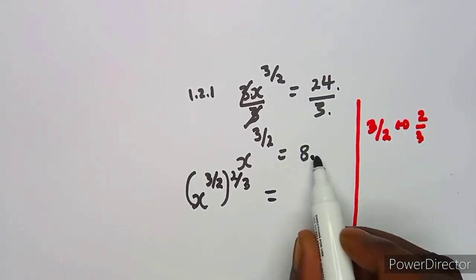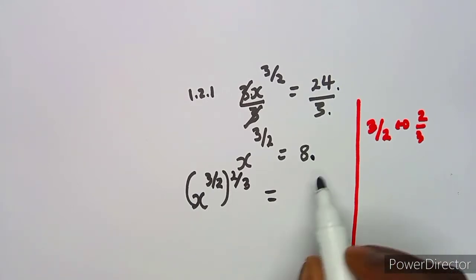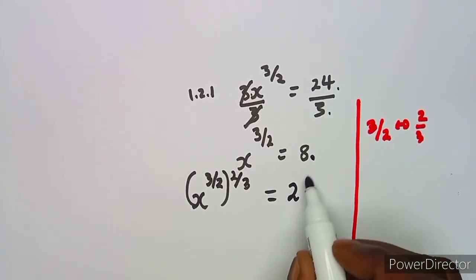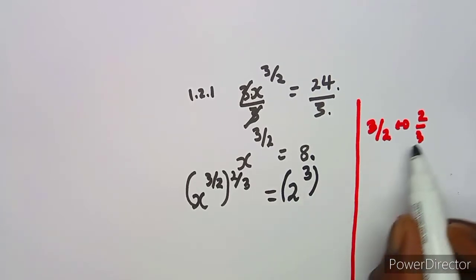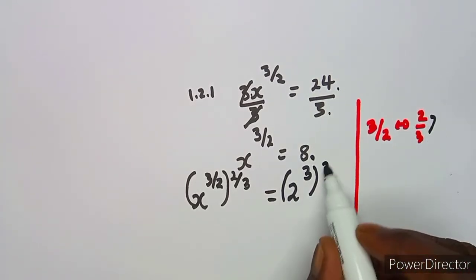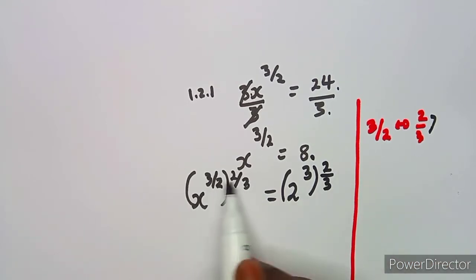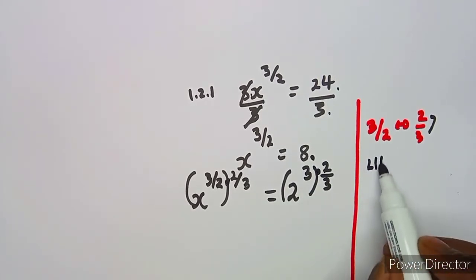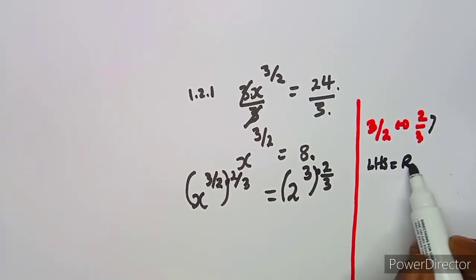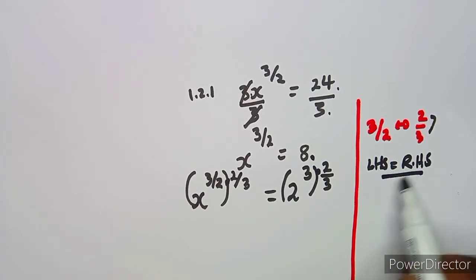Which is the same as 8. We know that 8 in its simplest form in terms of 2 is 2 to the exponent of 3. So it's going to be raised to the exponent of the inverse, which is 2 over 3. The inverse is the one that you use also on the right hand side. Whatever you do on the left hand side must be done on the right hand side. That is when you are solving.